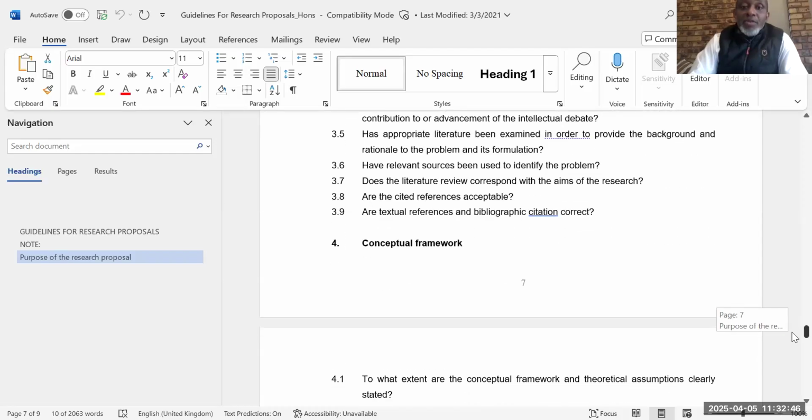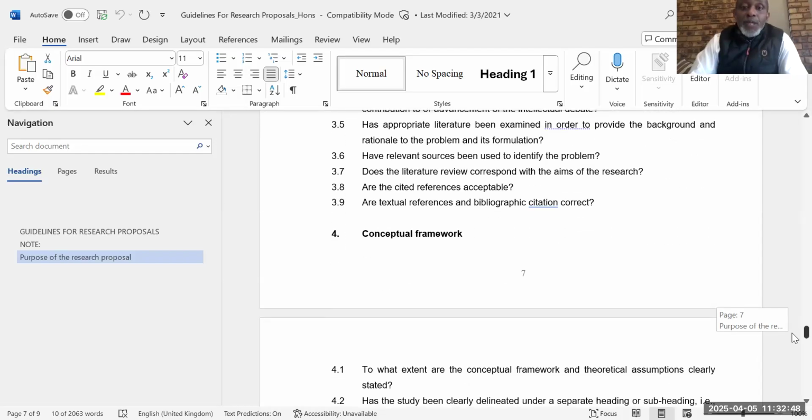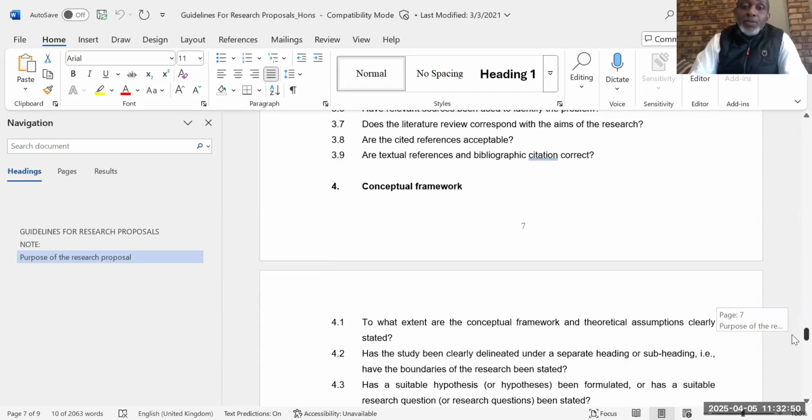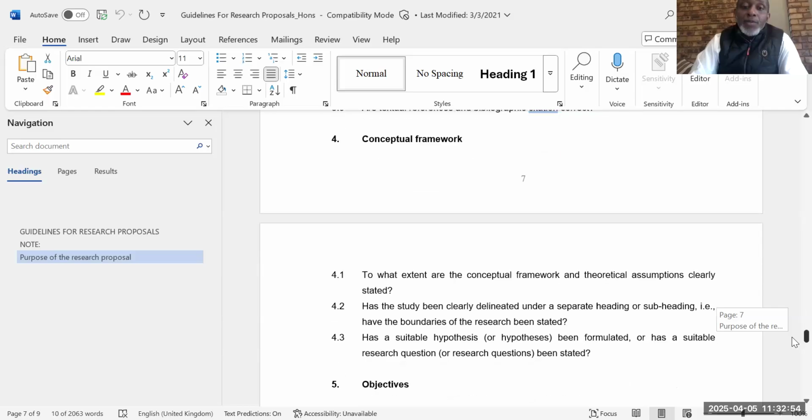Then the conceptual framework. This is for those who do a lot of work in social science and things like that. So your conceptual framework is basically the theory you're going to use, and you link it up with your hypotheses and research questions.